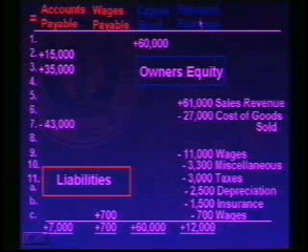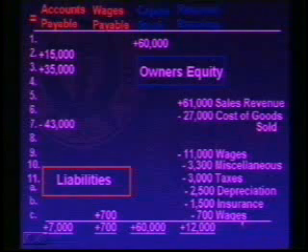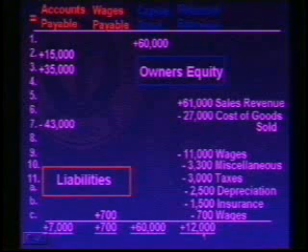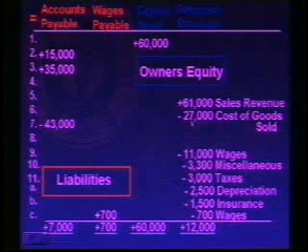Retained earnings, right? So what happens is we close out all of the income statement type of accounts, we zero them out as of year end, and the net balance, in this case the $12,000 from year one, becomes net income. Subtract out dividends, and then the balance becomes retained earnings.